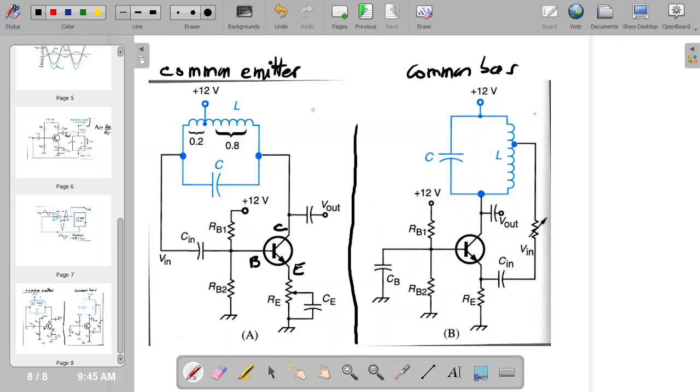But the amplifier, the common emitter, is also going to induce a phase difference of 180. So at the end you have two 180 degree phase differences, which means that at the end you have 360, which is 0. Okay, so that's the important part. The V-in is in phase with the V-out if you look at the whole thing.